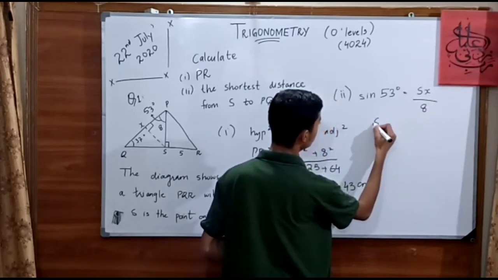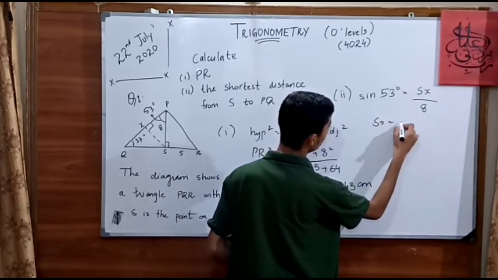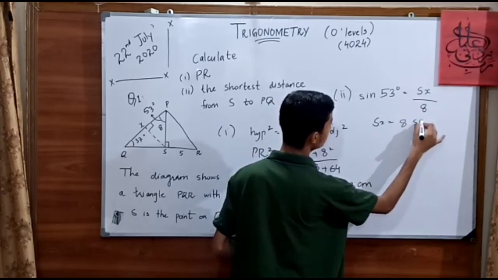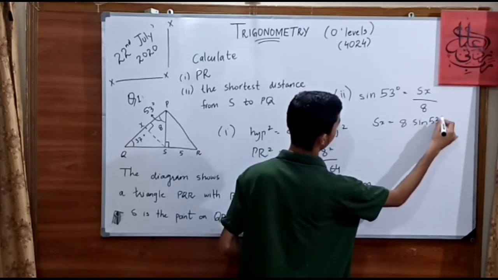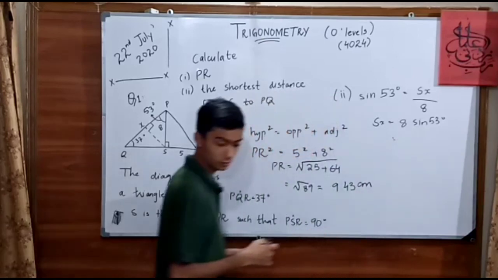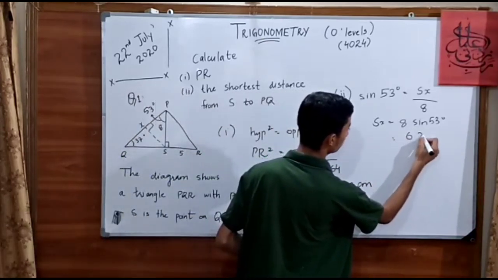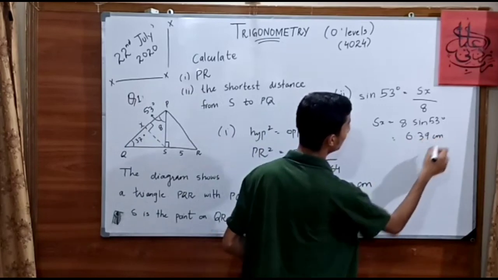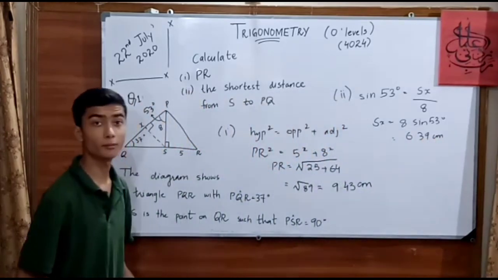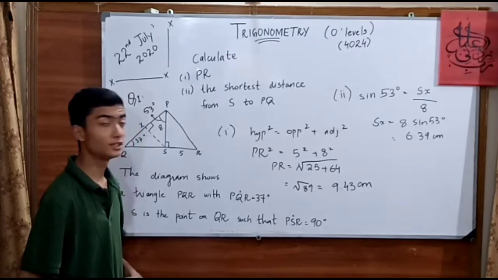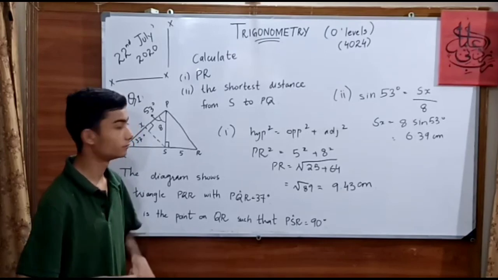Now for finding this side SX, we just multiply 8 with sine 53. Now we will get the answer 6.39 centimeters. After rounding off, do remember that we have to follow the 3 significant figure rule. That's it.